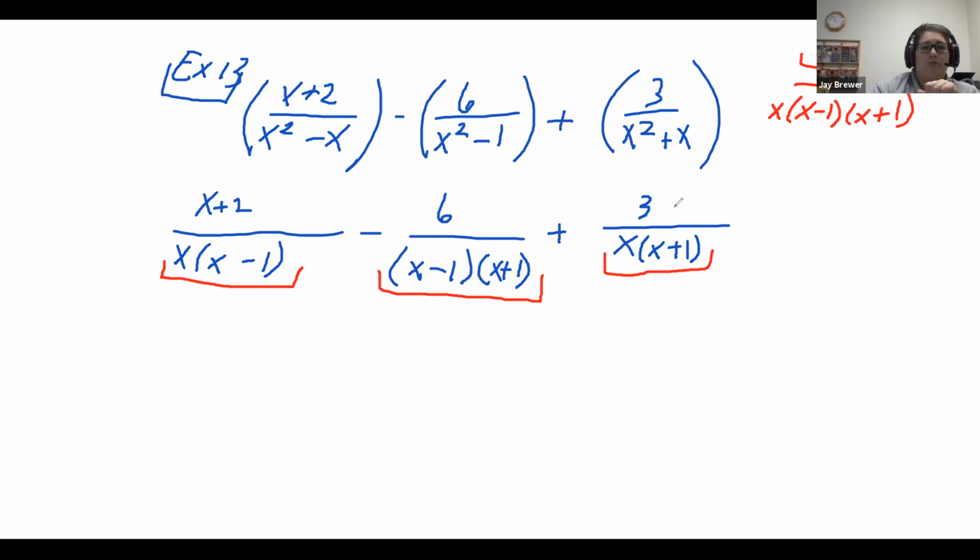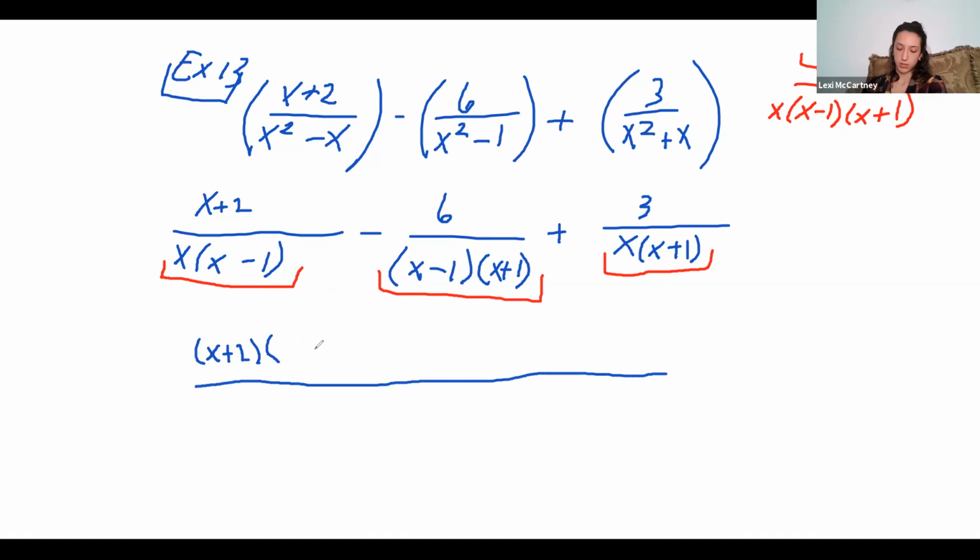And now we have to go through and we're going to ask my famous question, right? What's missing? Okay. So we have to figure out what's missing in each piece. So if we compare our X minus 1 to our new denominator, what's missing? X plus 1.